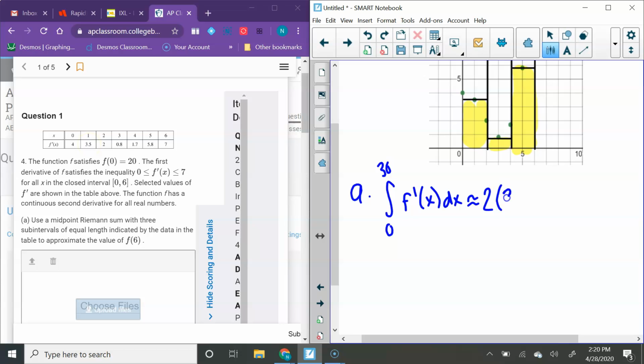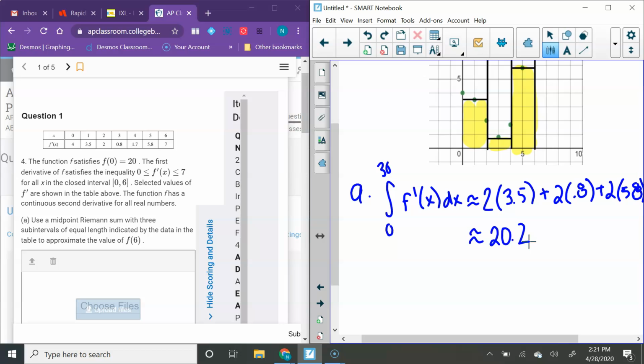So 2 times 3.5 plus 2 times the height here. This is your f prime of 3 value, which is 0.8. Plus 2 times your f prime of 5 value, which is 5.8. All right, so when you do that, this equals approximately 20.2.